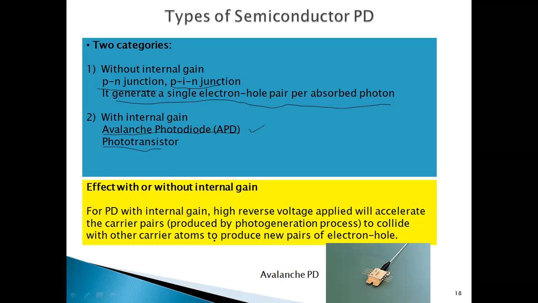So the carrier pairs generated by photogeneration, accelerated by the high reverse voltage, will collide with other carrier atoms, and this collision will further produce new pairs of carriers.